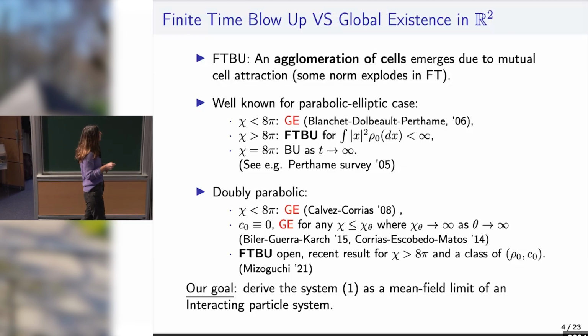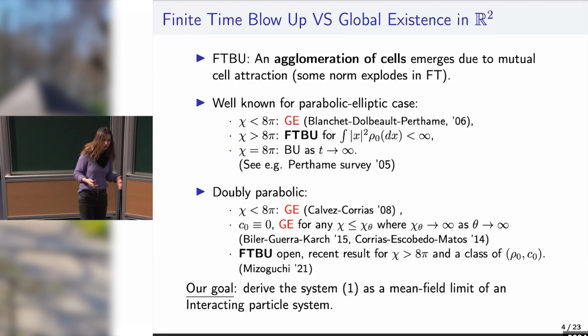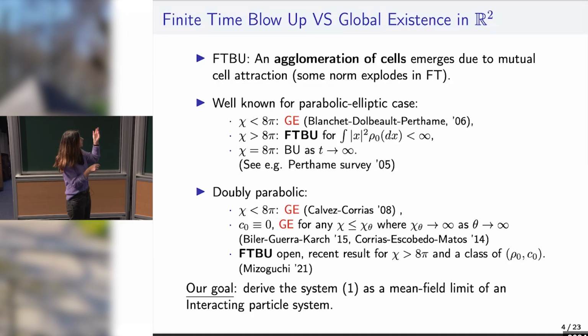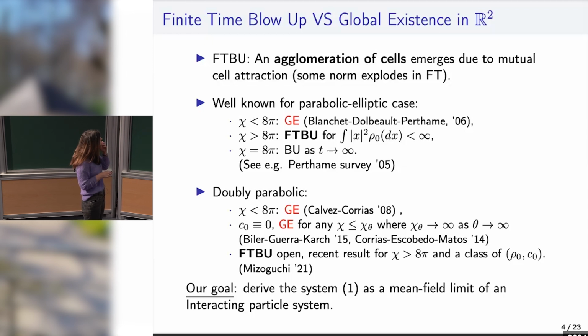It's more like, okay, in some cases, for some class of initial data, you have global existence up to 8 pi. But then you can also, in a specific setting, if you don't have initial concentration, or if the initial concentration is very small, then you can find, so you need to put into the game also theta, the parameter of the diffusion scales.